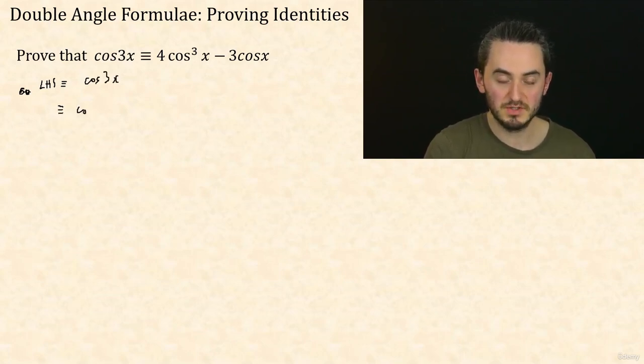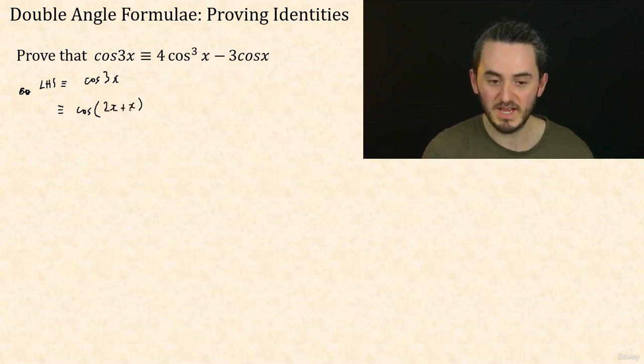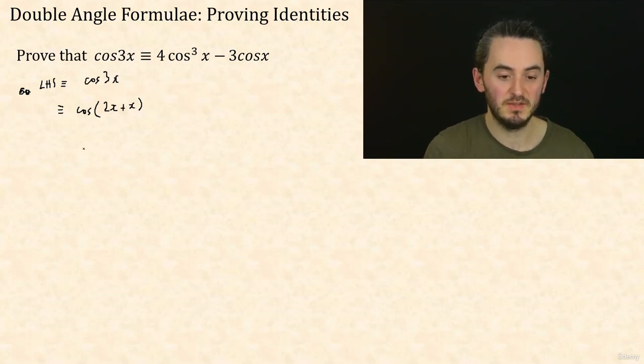We can represent cos 3x as cos of 2x plus x, because 2x plus x is 3x, and now I can attack it using the addition formula for cos. So there's my a, there's my b. So a is 2x, b is x. So that's cos a cos b minus sine a sine b.